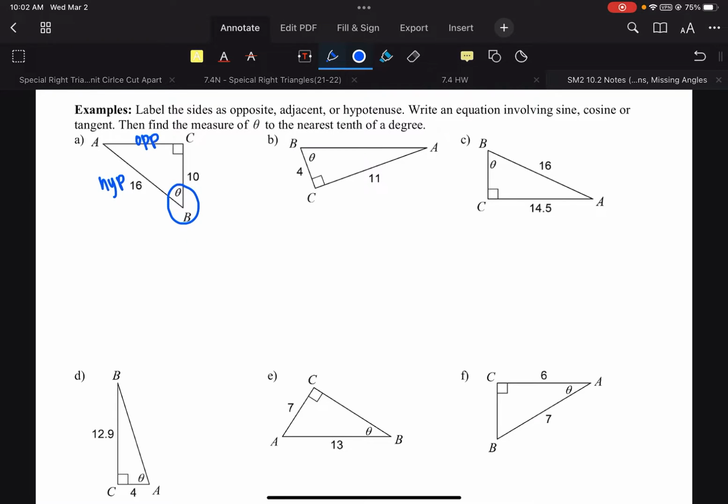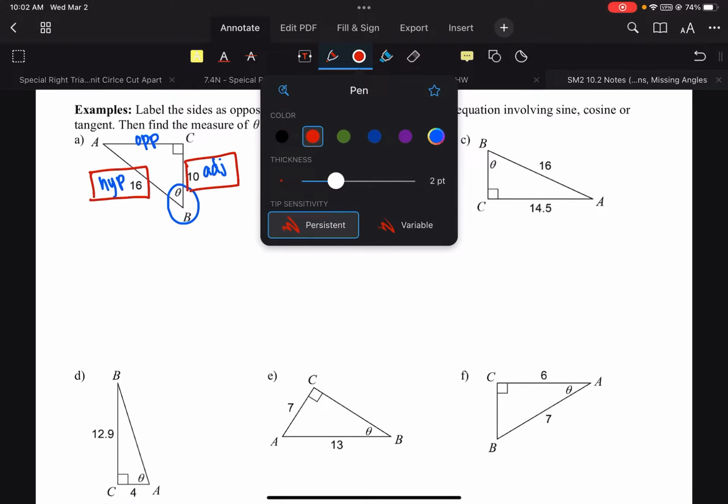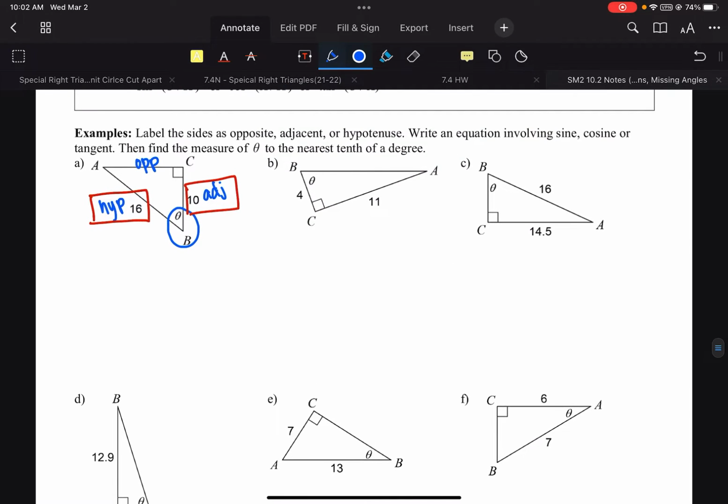Hypotenuse, opposite, adjacent. Now notice that I don't know the opposite side length, and I could figure it out using Pythagorean theorem. So let's kind of keep that in the back of our minds. If we need to, we could find the opposite. But what I do know is I know the adjacent. I know the adjacent, and I know the hypotenuse. Okay? So I'm going to think back to SOHCAHTOA. I'll write it up here.